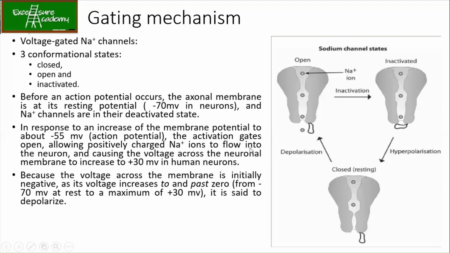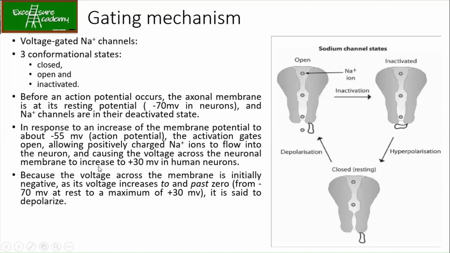Now, in response to increase in the membrane potential to about minus 55 millivolt. When we talk about the action potential, you will learn that when the action potential is changing, it is changing because of the K plus ions at that time. Okay? K plus is also positively charged, because of which minus 70 is becoming less negative. So it is coming to minus 55.